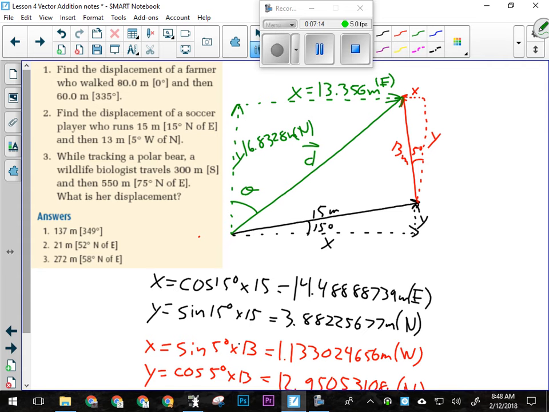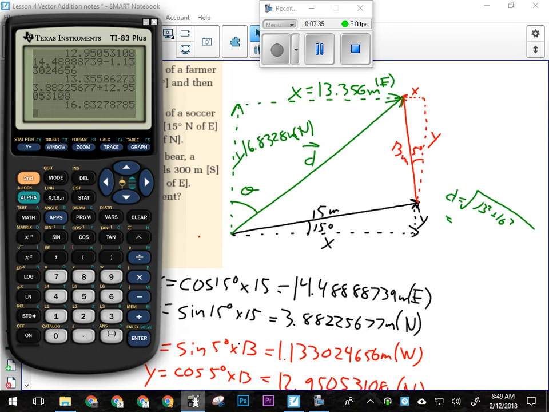Can I find my resultant? Okay, Peter, what am I going to do to get that? Right, I'm going to use Pythagorean Theorem to get D. All right, so D will equal the square root of the 13 squared plus 16 squared, obviously with all the decimals in it. I'm just kind of shortening it there.